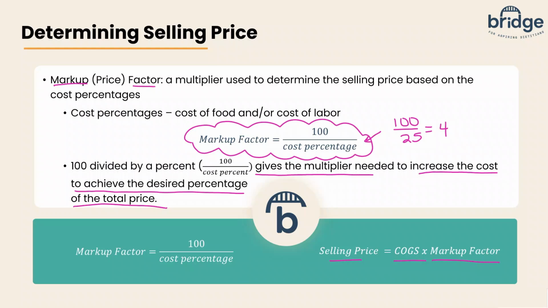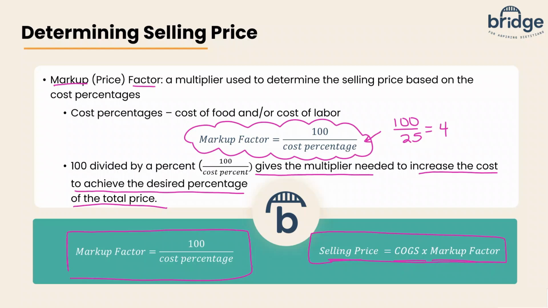Once we know the markup factor, we use it in this equation: selling price is equal to the cost of goods sold multiplied by the markup factor. And remember, we find the markup factor by taking 100 and dividing it by the cost percentage. One important side note: if you're given more than one cost percentage, such as a food cost percentage and a labor cost percentage, you don't use them separately.